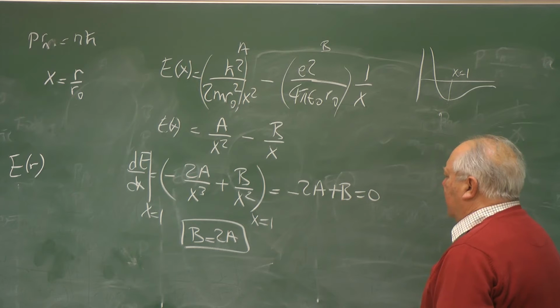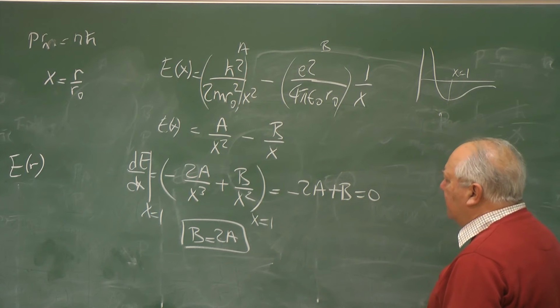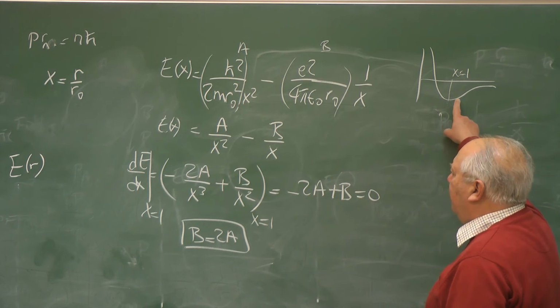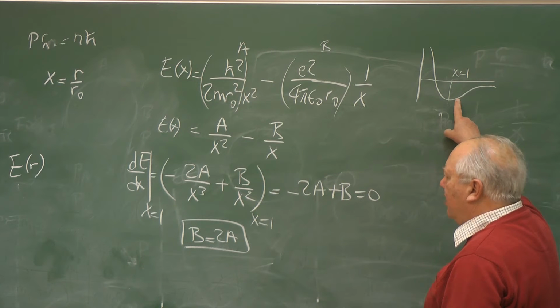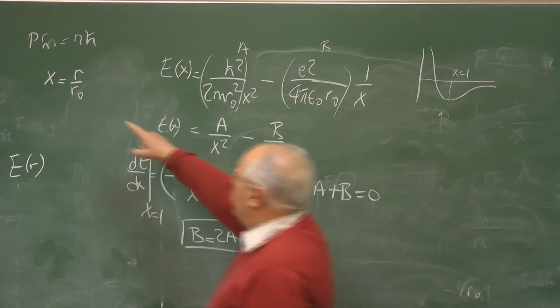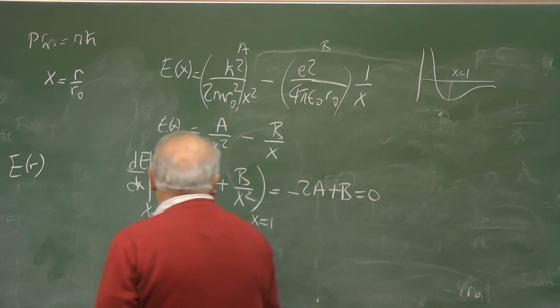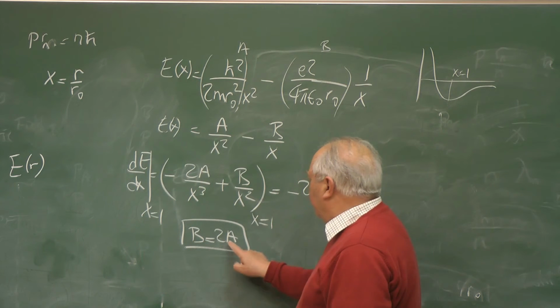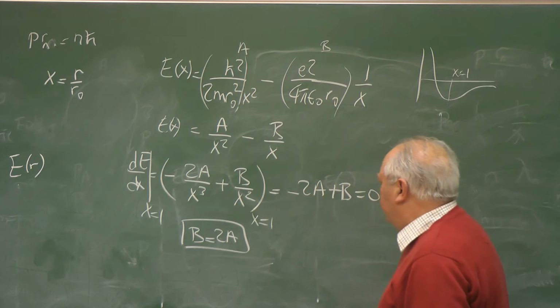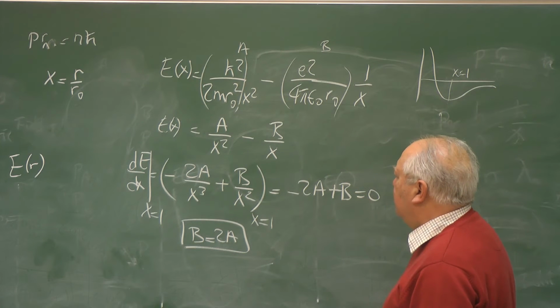All right. Now, still, we know that we have a minimum at x equals 1, but we don't know what R0 is. However, we have this condition, B is equal to 2a.